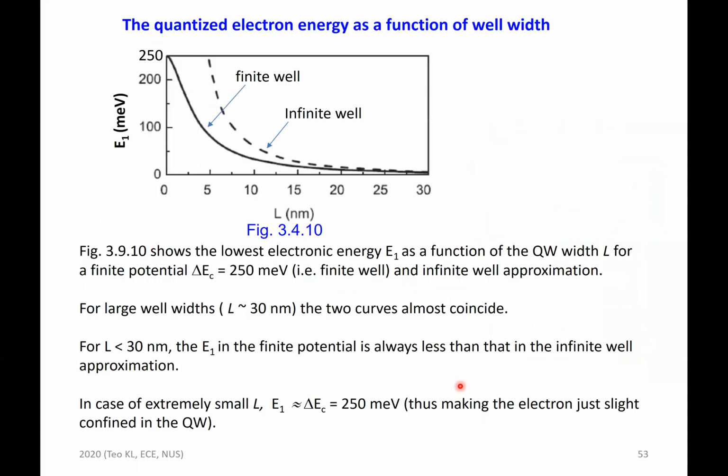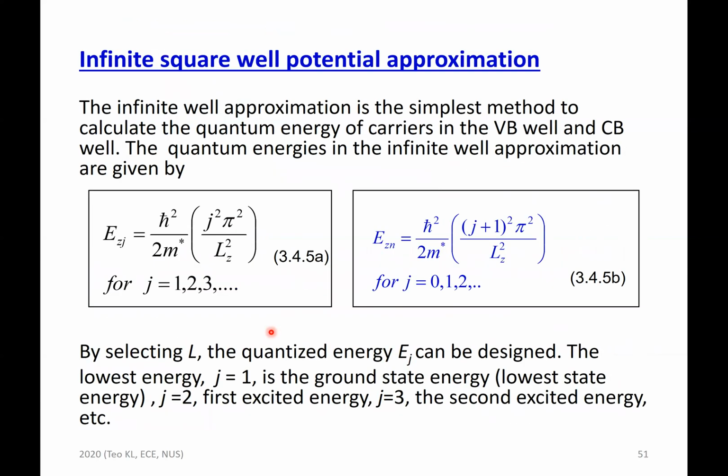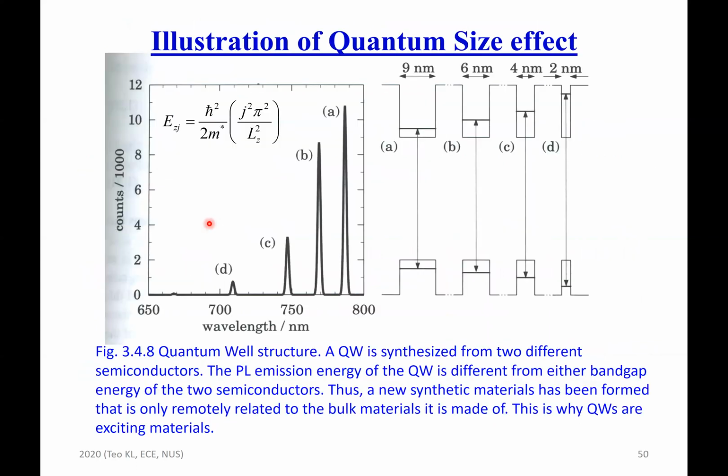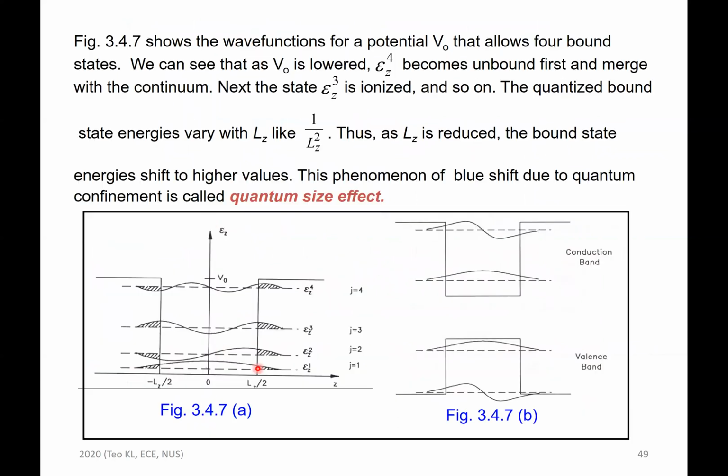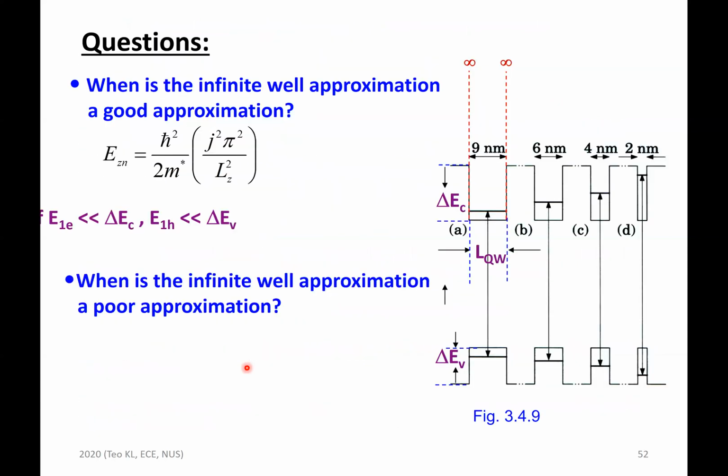Let us look at the quantized electron energy. Okay, it's a function of well width. Let us take the quantized electron energy for the lowest electronic energy, which is j equals 1, the lowest energy. Let us take this value as an example.